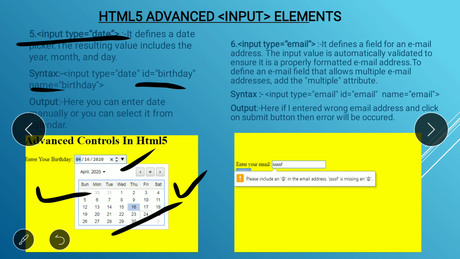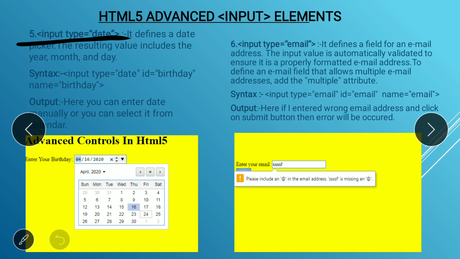So what is the difference between the id and name? id is most of the time used in JavaScript. When we learn about JavaScript, we definitely use the id attribute of the control.